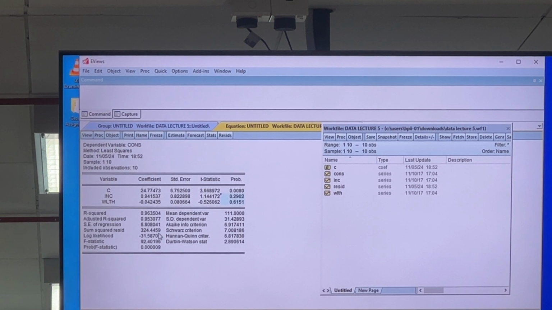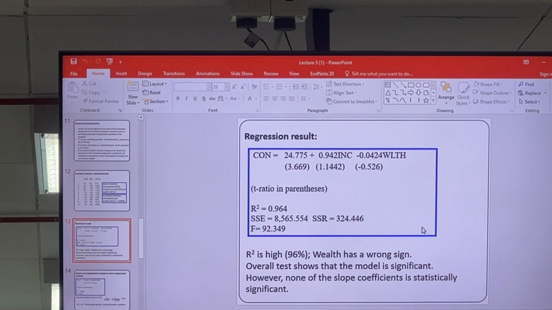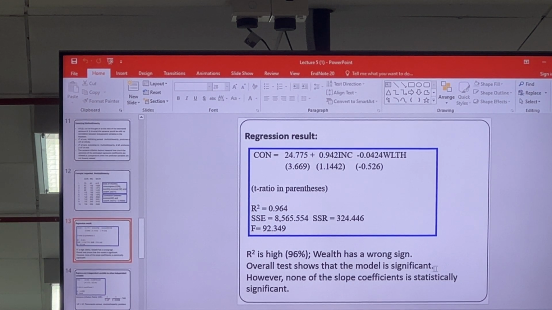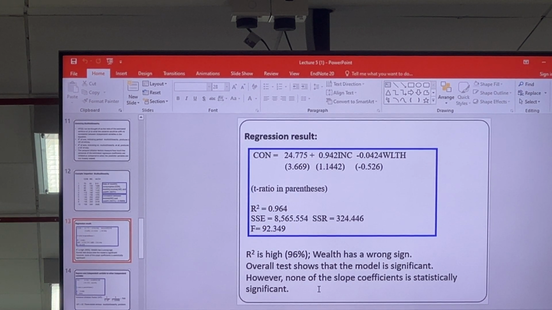Okay, and then R square is also high, but again, both variables are not significant. So overall, the overall significance test shows that the model is significant based on the F test. However, none of the slope coefficients is statistically significant based on the t-test.